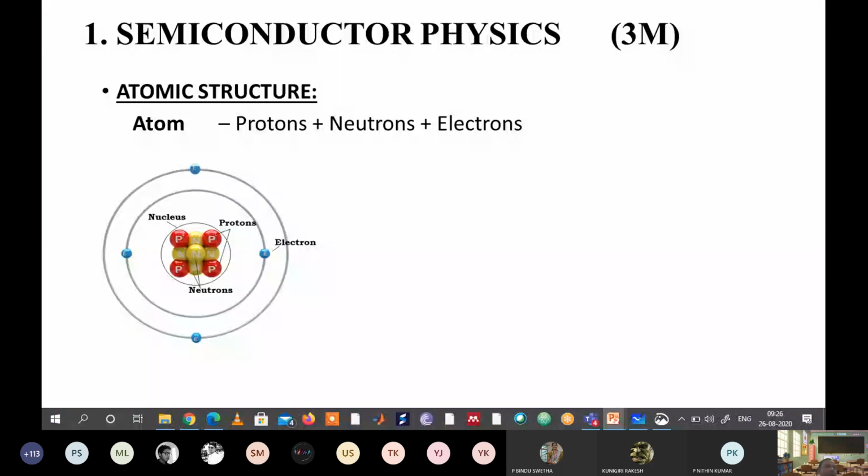Now, let us go deep into the subject of electronic devices and circuits. Before going into all the units, unit 1, 2, 3, 4, 5, let us study the introduction part of electronic devices and circuits, which is called semiconductor physics. Dear students, is it visible to you?